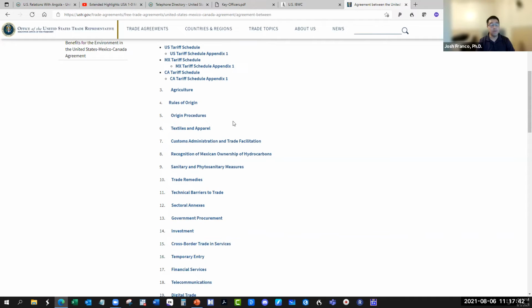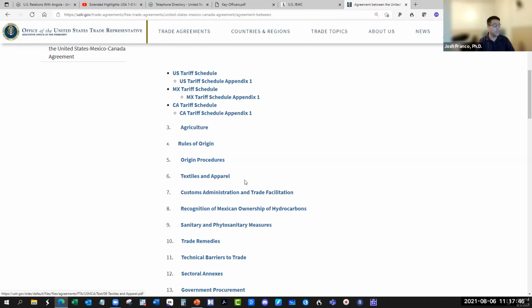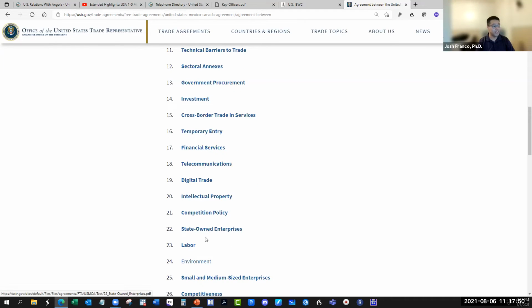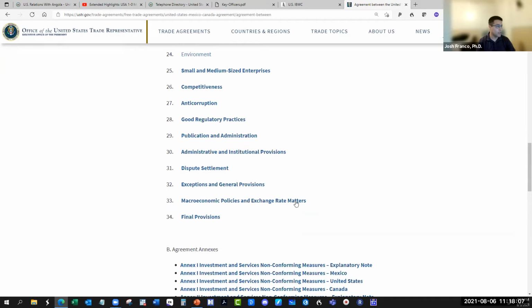And then you'll see they go into tremendous detail about agriculture, rules of origin, textiles and apparel, sanitary and phytosanitary measures, telecommunications, digital trade. Almost everything you can think of is talked about. This is why these agreements take so long to get worked through by the different governments that are involved, and then eventually to be brought forward, in this case, in the United States, into the Congress for debate, consideration, and approval.